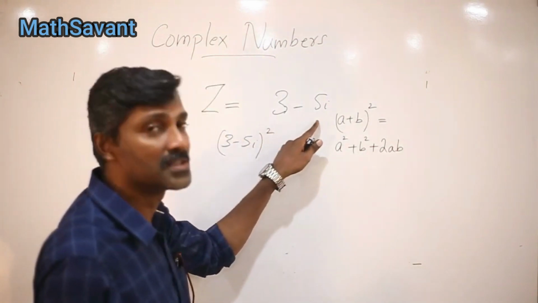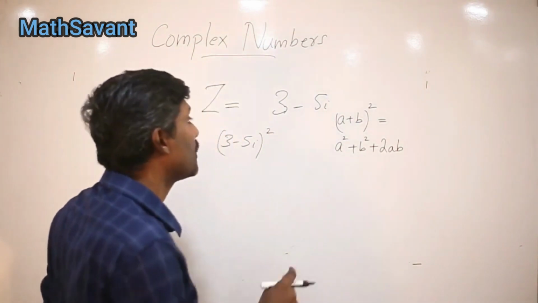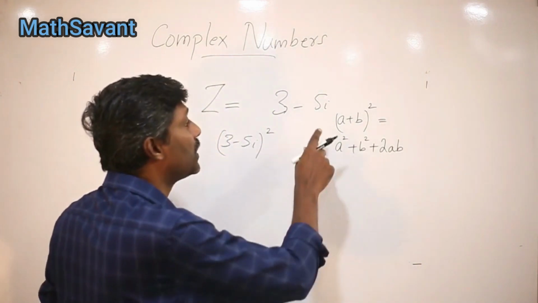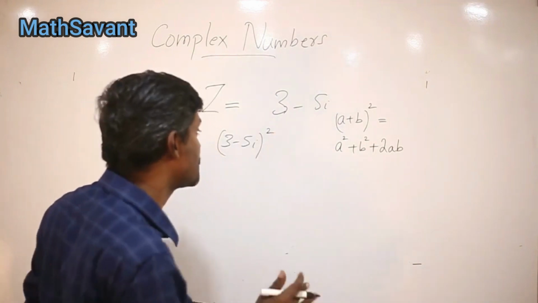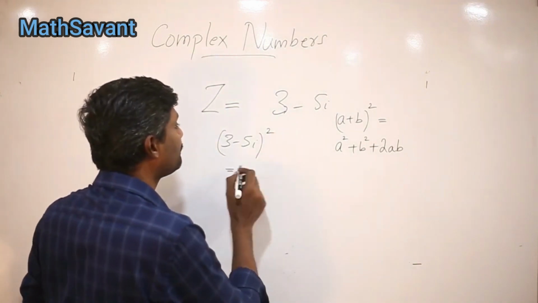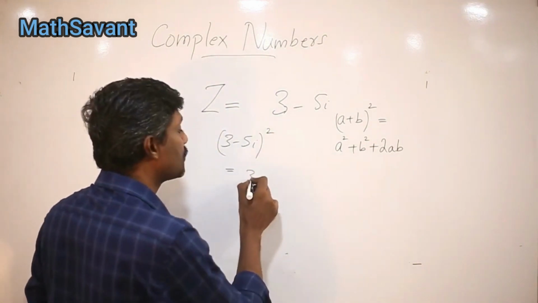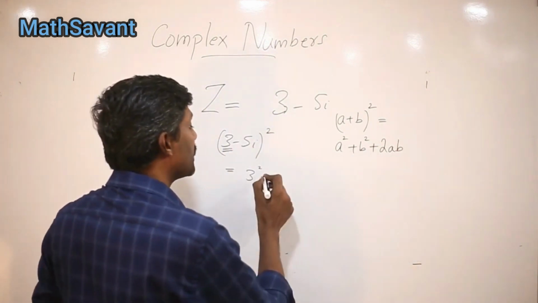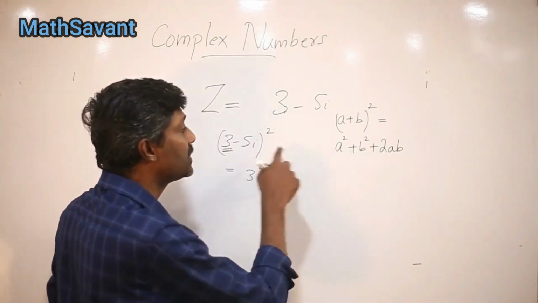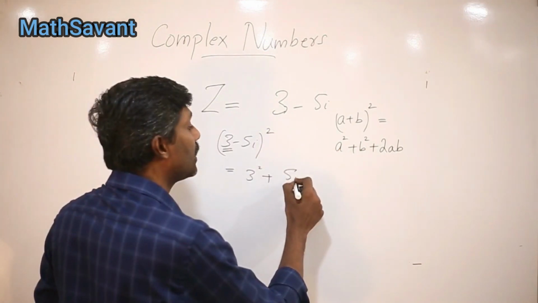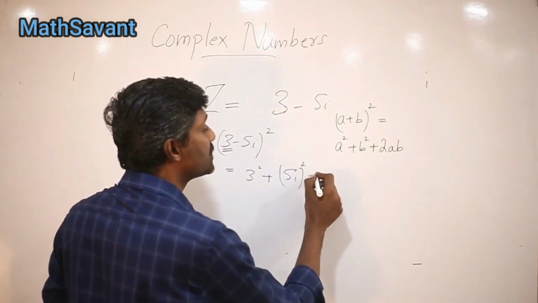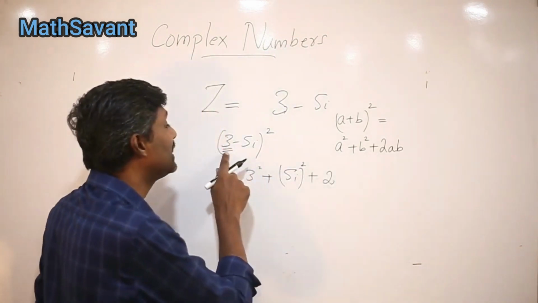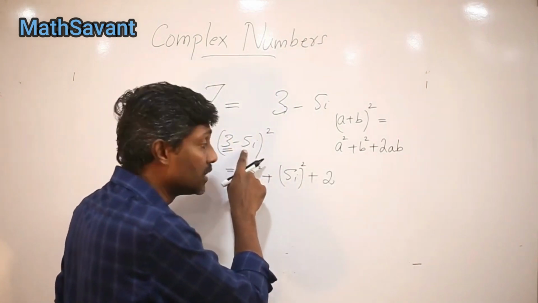Apply the same identity here. We have 3 minus 5i the whole square. So instead of a, we have 3 here, and instead of b, we have minus 5i. That's all we have to substitute. So this becomes a square, that is 3 square, plus b square, that is minus 5i the whole square, plus 2ab, that is the product of 3 and minus 5i.